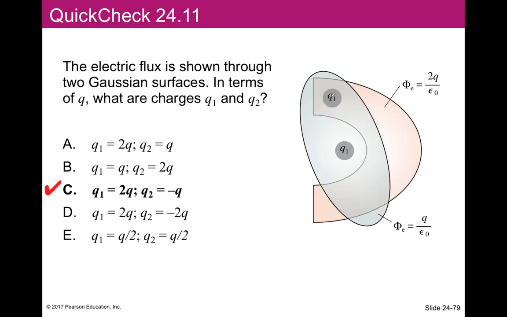This is not a good example because it's misleading which one is Q1 and which one is Q2. But the idea is when you do the calculation, you should know this surface contains only Q1, but the other surface contains Q1 plus Q2.